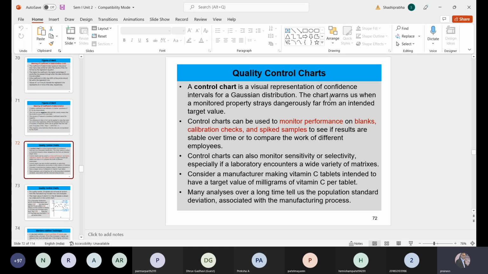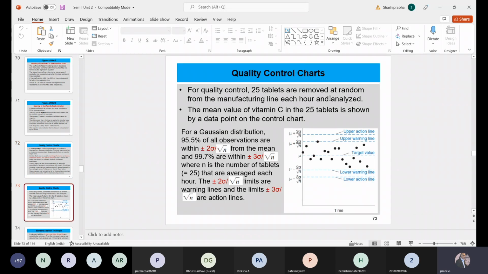But in some cases where the real samples have a very complex matrix, sensitivity or selectivity control charts can also be measured. Now I'll take you to the next slide where it will be clear what I just said.